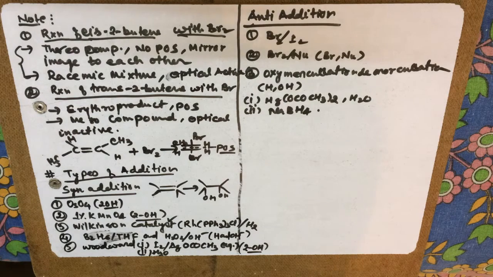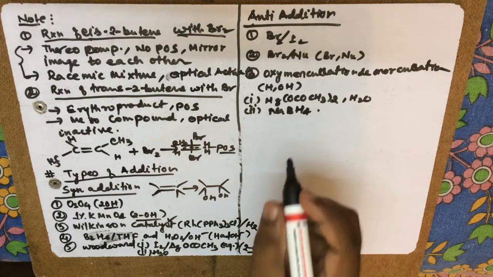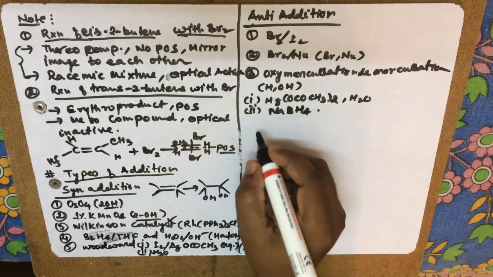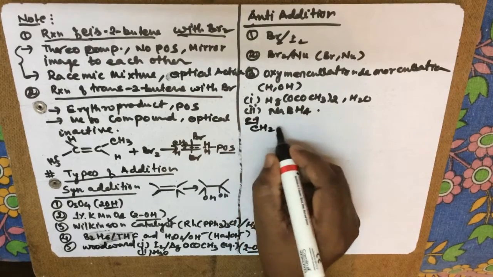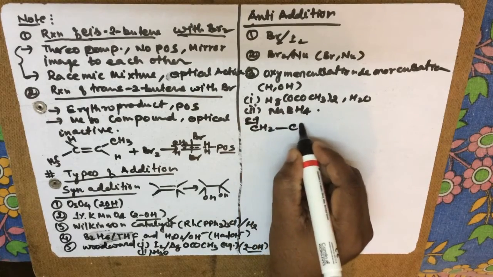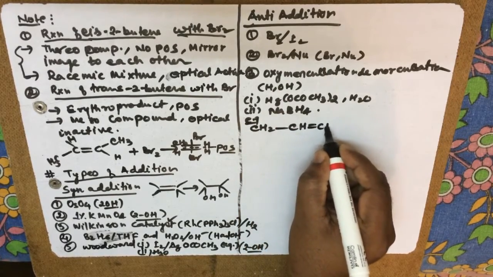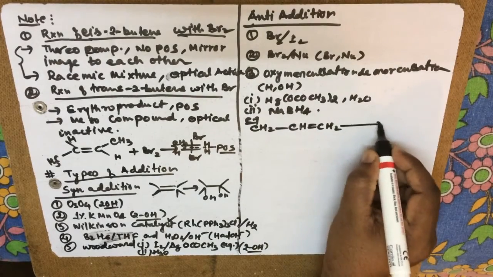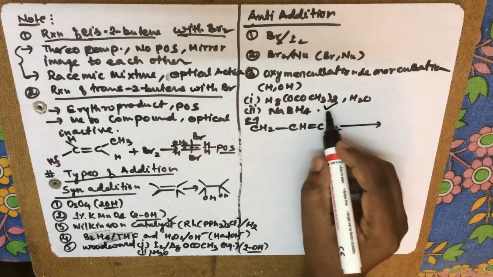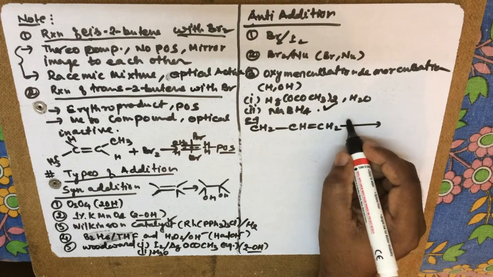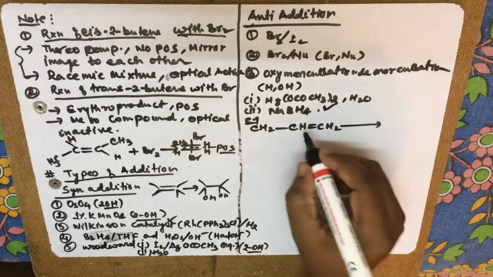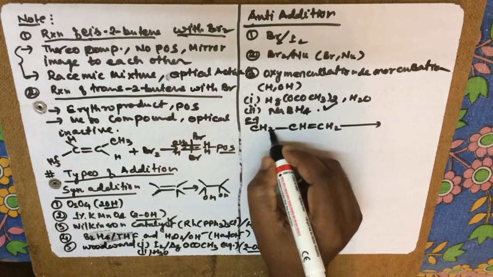Now, if you see an example of this oxymercuration-demercuration, if you have this reagent, your product will be... sorry, here is the methyl.